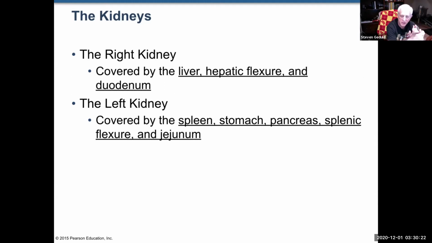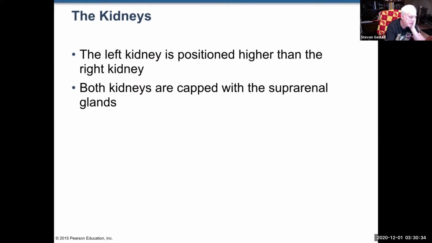The left kidney is covered by your spleen, your stomach, the pancreas, the splenic flexure, and your jejunum. That's what covers over it when you do the dissections. The left kidney is positioned higher than the right kidney. Both kidneys have a suprarenal gland, or adrenal gland, the same thing, on top of each kidney.